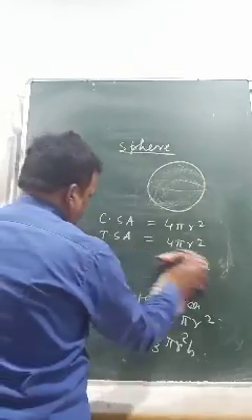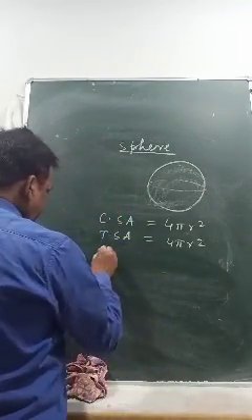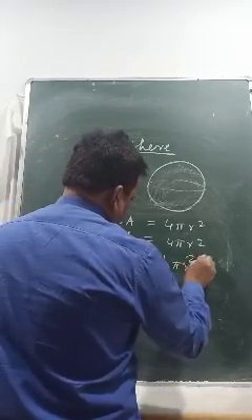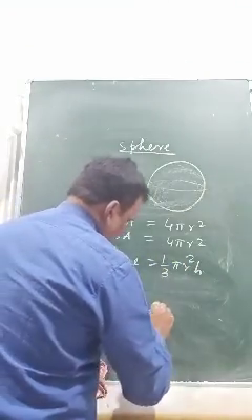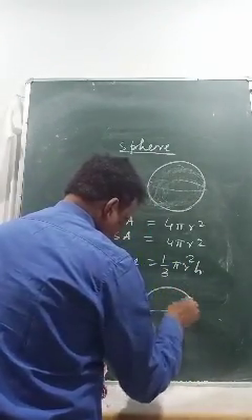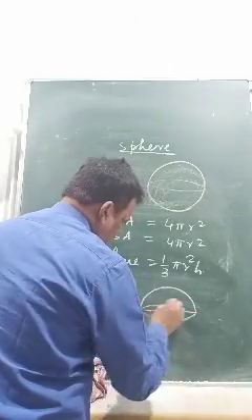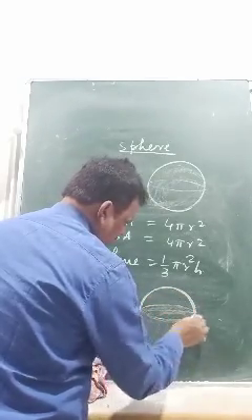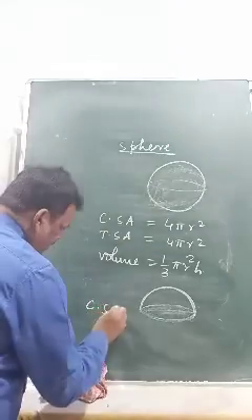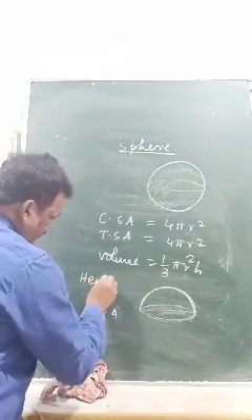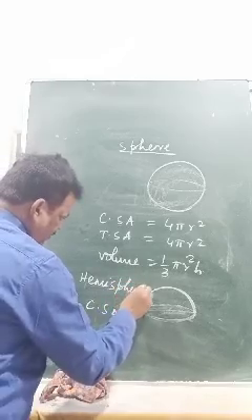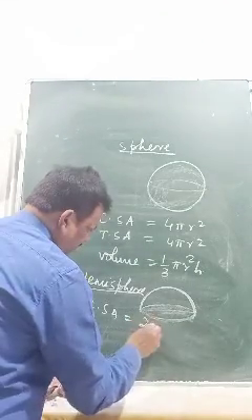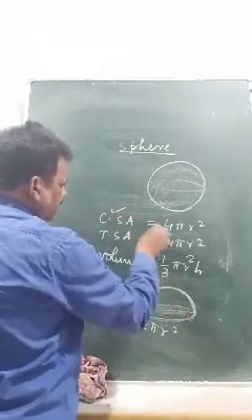Okay. Then the volume is 4 by 3 pi r cube. When you cut the lemon in half, it becomes a hemisphere. So the hemisphere's curved surface area is 2 pi R square, half of this.